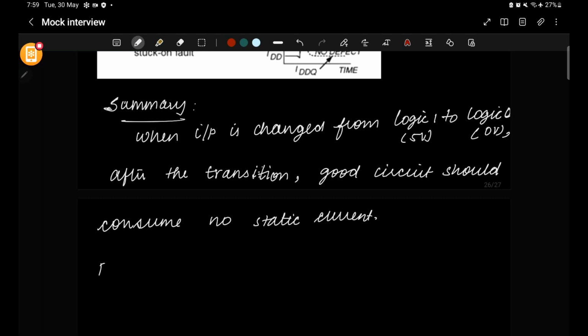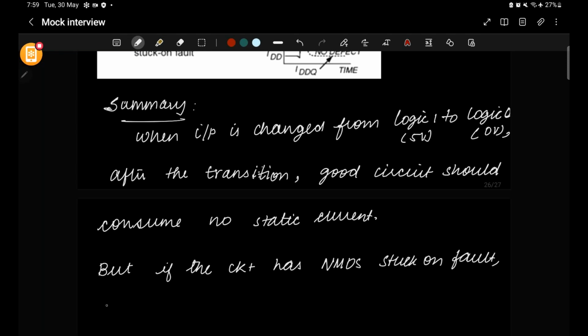But if the circuit has an NMOS stuck on fault, we will observe high IDDQ current. So this is how we can detect stuck on faults.